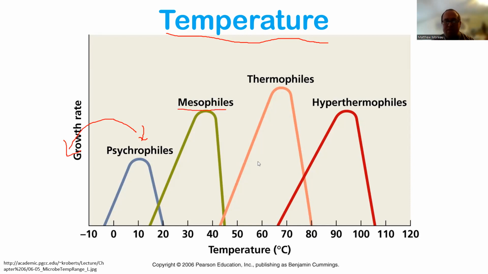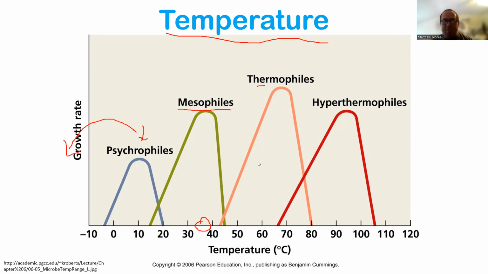There are mesophiles. These are typically cells that grow from room temperature to internal body temperature of humans and most mammals, which is about 37, 38 degrees centigrade, which is about 98.6 degrees, maybe up to 100 degrees Fahrenheit.